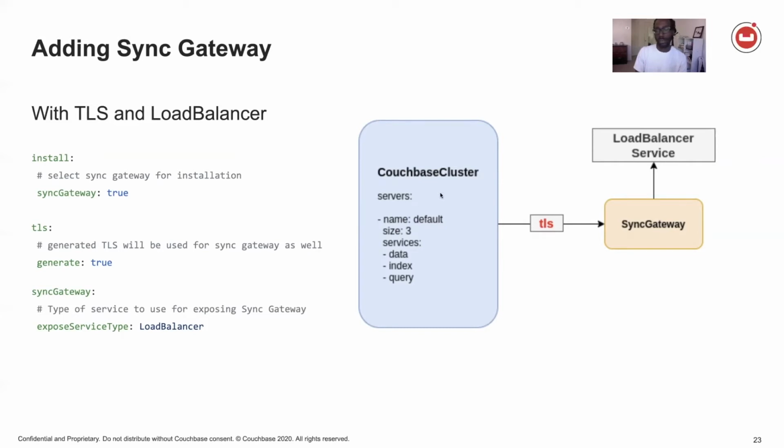So with a single command, you can have this setup going and externally access Sync Gateway, which allows you to isolate the Couchbase cluster itself and just interact with Sync Gateway for setting and getting data.